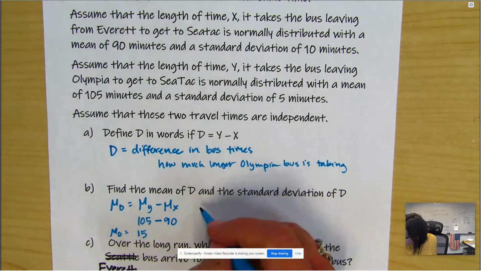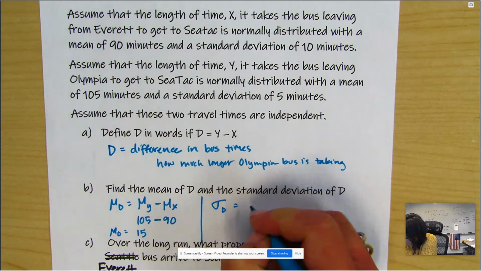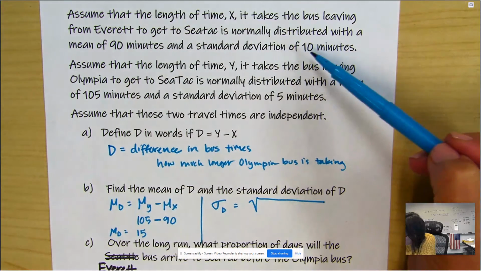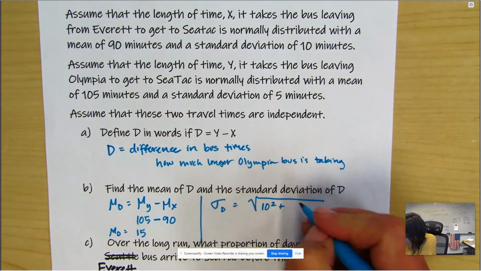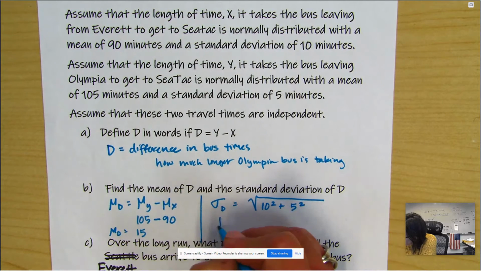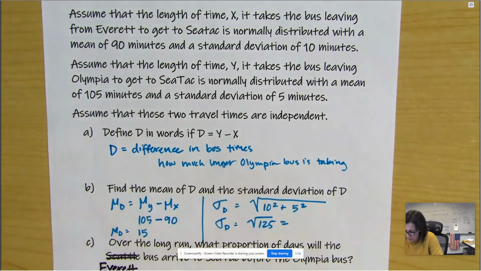Okay. The standard deviation is a little bit more complicated. You have to take the square root of the sum of their variances. So you have to square the standard deviations. You're going to take 10 squared plus 5 squared. So that's going to be 125. And then you're going to take the square root of that, which is not too nice, I don't think.